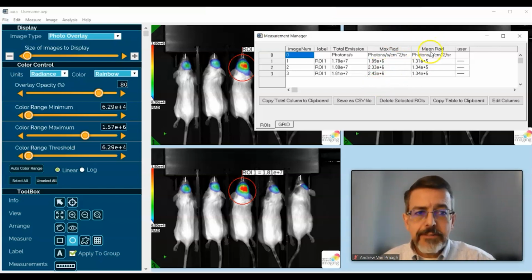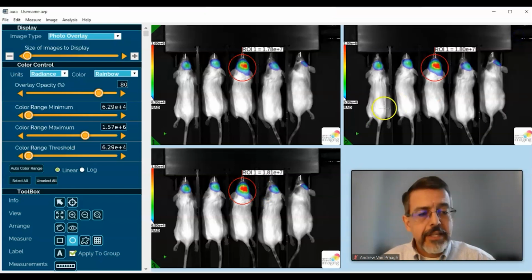Now, mean radiance, given here, is something that you may want to consider as a unit of quantitation for the signal seen in the region of interest. What we're going to do next is show how mean radiance is susceptible to various empirical limitations.